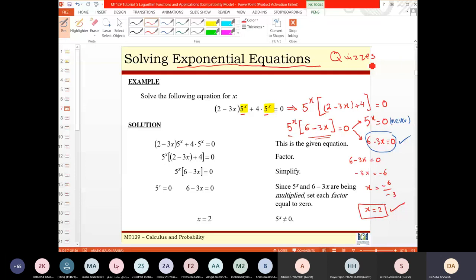Quizlet flashcards, yeah, بس quizzes multiple choice. You need to go check some examples على exponential equations, for example. ماشي? Check more examples about exponential equations في quizzes.